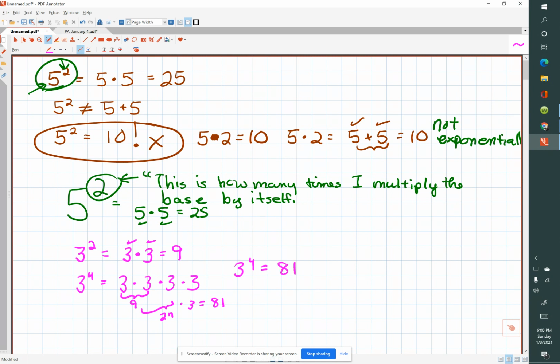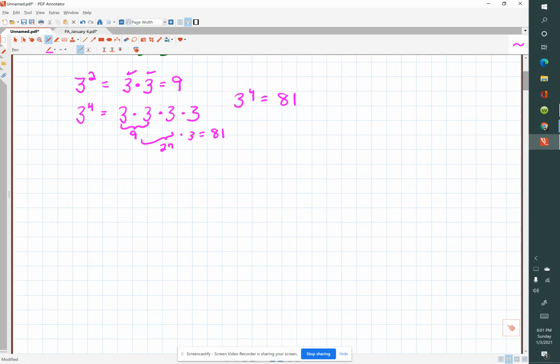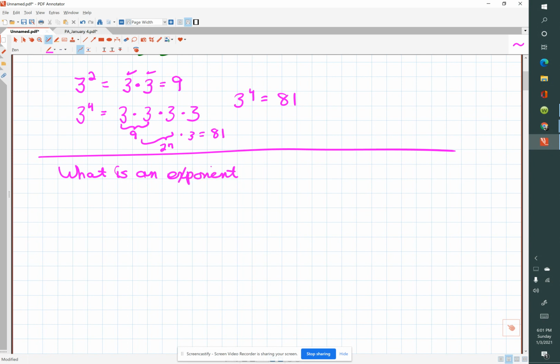So what is an exponent? An exponent is repeated multiplication.